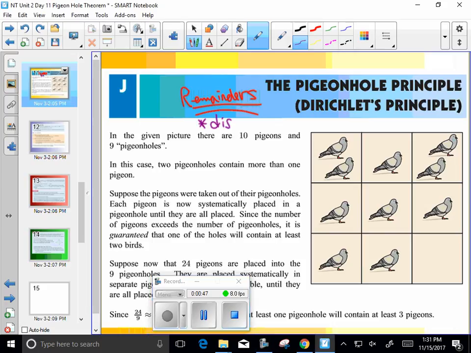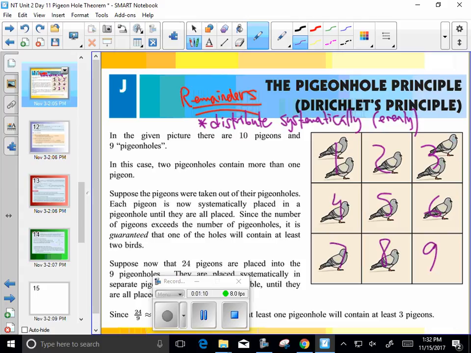The one thing I like to say, distribute systematically, analytically, evenly, however you want to say it. Then what happens is 1, 2, 3, 4, 5, 6, 7, 8, 9. That 10th one has to go where one of the other 9 birds are. And that's what they mean by pigeonhole.